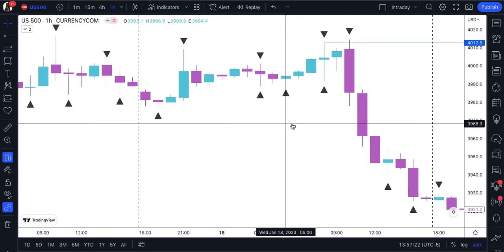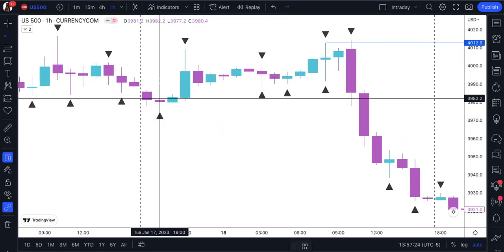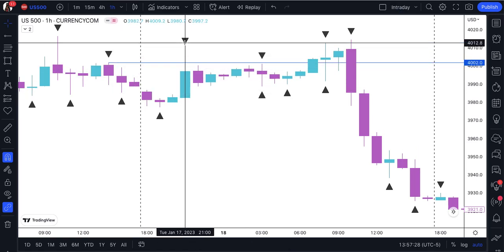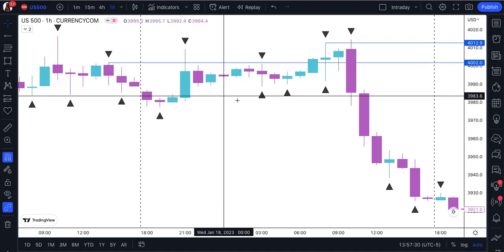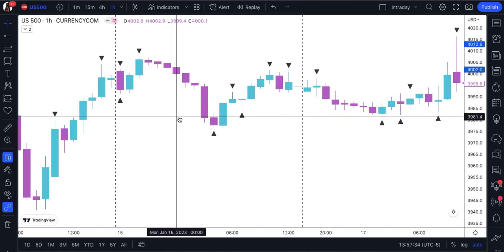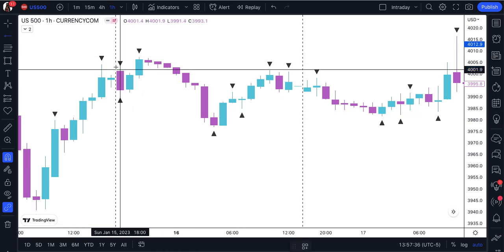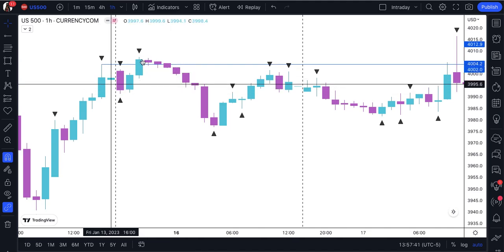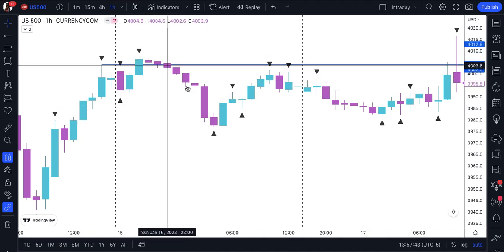See if I can find another. Price spikes through here and then it rejects and then comes back down. Price spikes through here and then rejects and then comes back to it. It's like a fast move down.